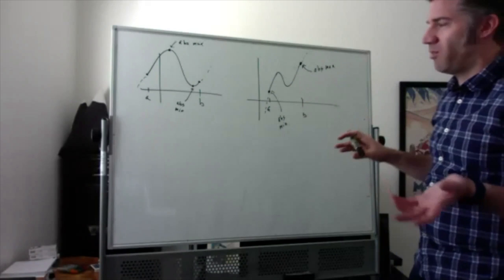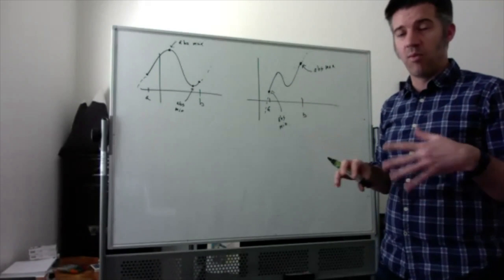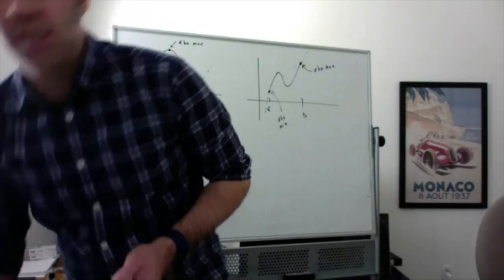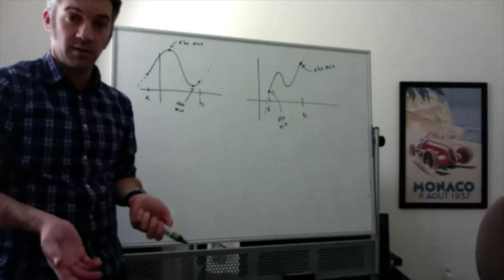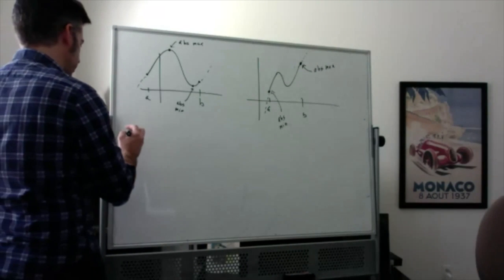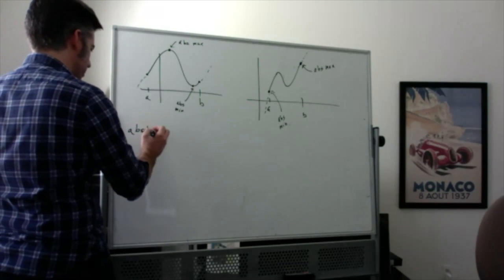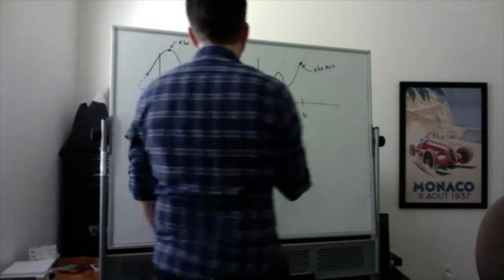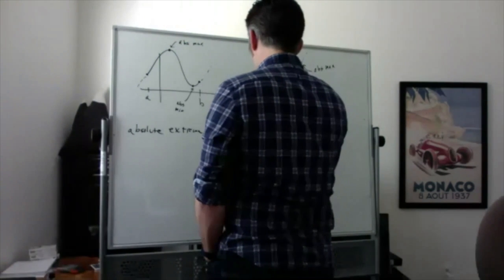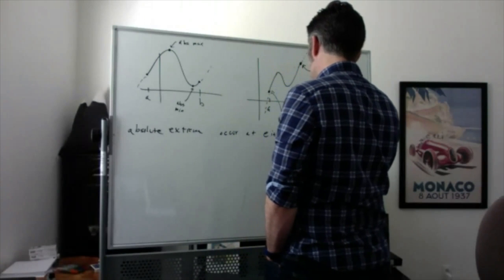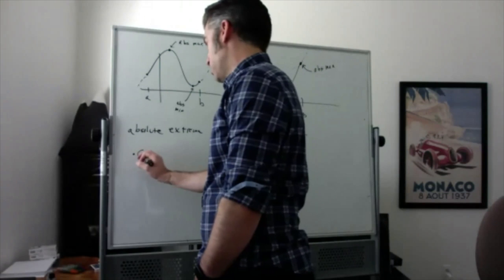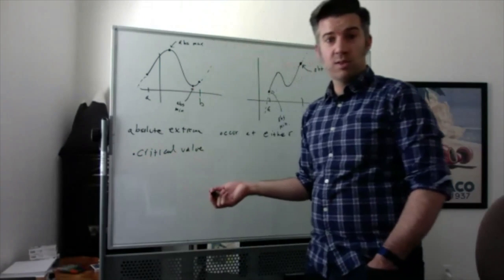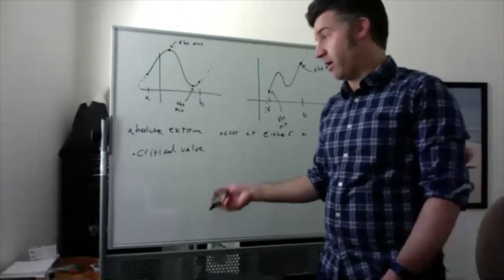And although we could draw a lot more pictures, there's kind of two competing ideas about where the absolute maximum can be. For a continuous function on a closed interval, the absolute extrema, meaning max or min, occur at either a critical value, which is just where the function has a derivative that's 0 or undefined.